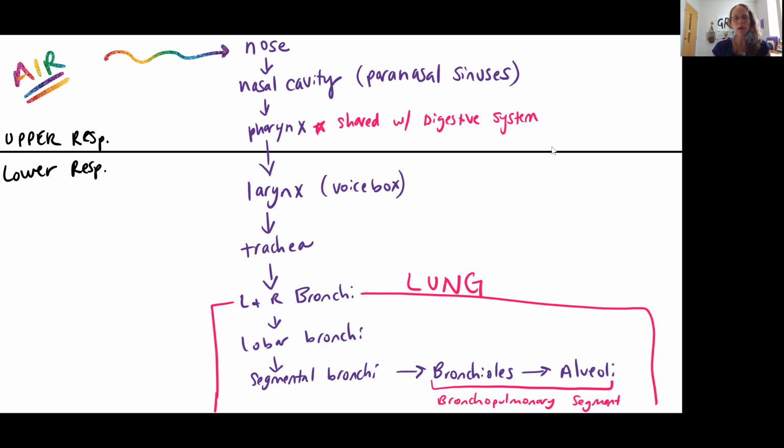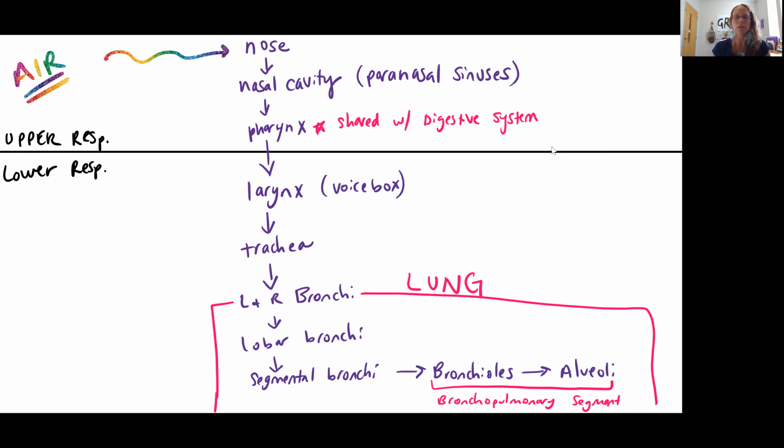The left and right bronchi divide into lobular or lobar bronchi. This is moving into the different lobes of the lungs. From there, you have what's described as segmental bronchi, bronchioles leading into the alveoli. In the past, those left and right bronchi have been referred to as primary bronchi, lobar as secondary bronchi, and segmental as tertiary bronchi.